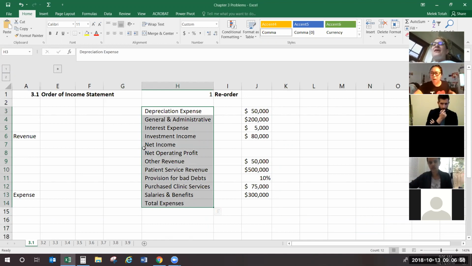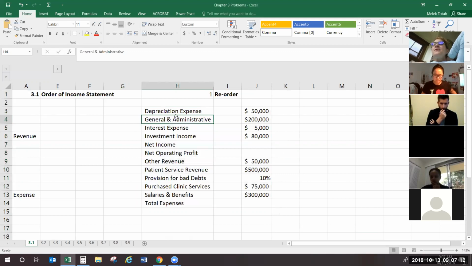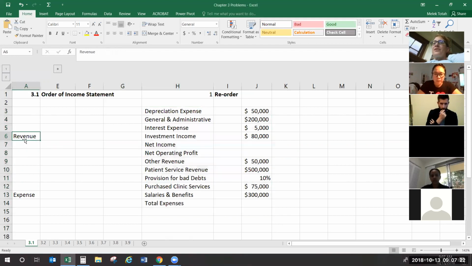So we could actually look at that, but before we do, why don't we go through and just make sure that we're all understanding how to order, okay? And we don't have to necessarily focus on the numbers, but we'll look at that in a minute. But so here's a similar problem, I guess you'd say, with the same categories. So why don't we start with the revenue, because that's obviously the first thing we want to order.